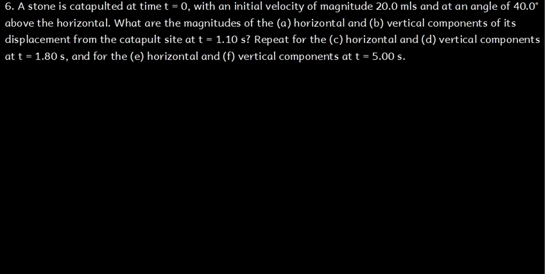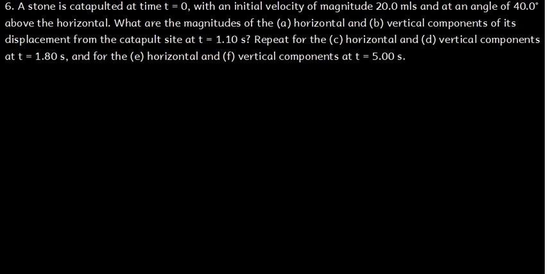Then we have question 6, which is saying a stone is catapulted at time t equal to 0 with an initial velocity of magnitude 20 meters per second and at an angle of 40 degrees above the horizontal. What are the magnitudes of the horizontal and vertical components of its displacement from the catapult site at t equal to 1.1 seconds?